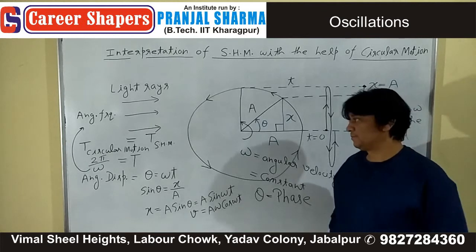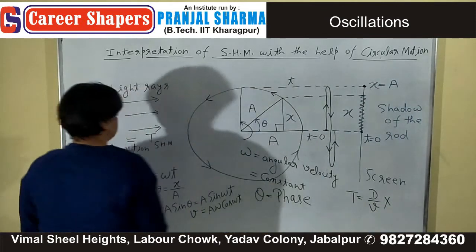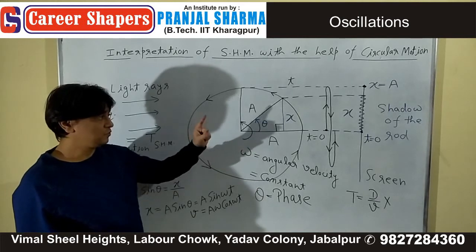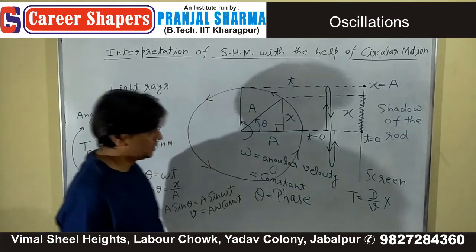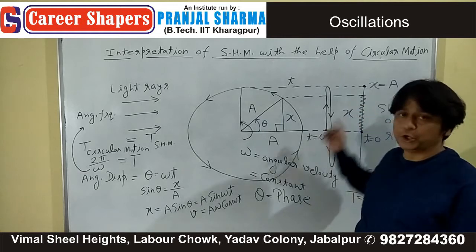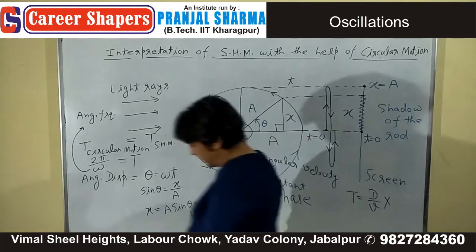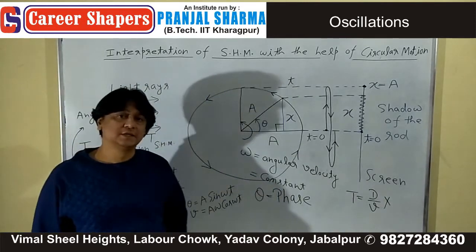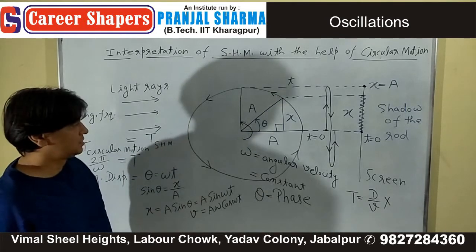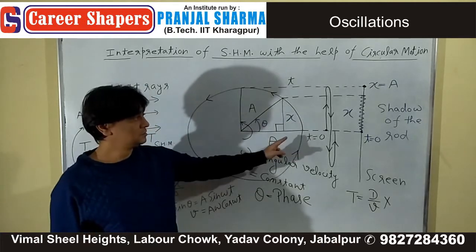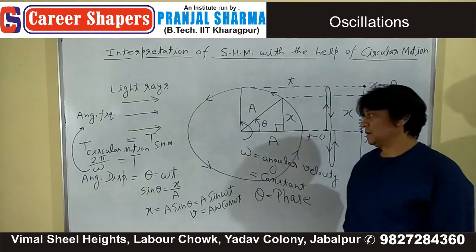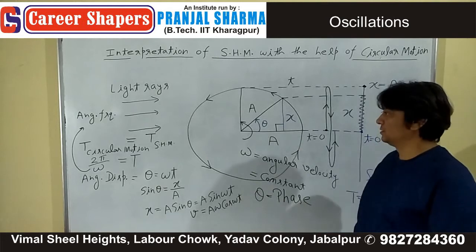And therefore, the time taken to complete one full oscillation during simple harmonic motion is the same as that taken by the rod to complete a full circle.